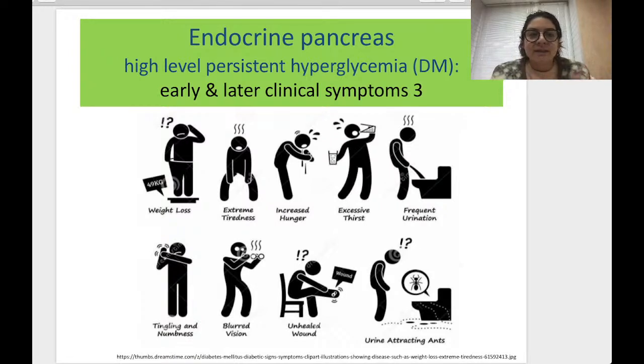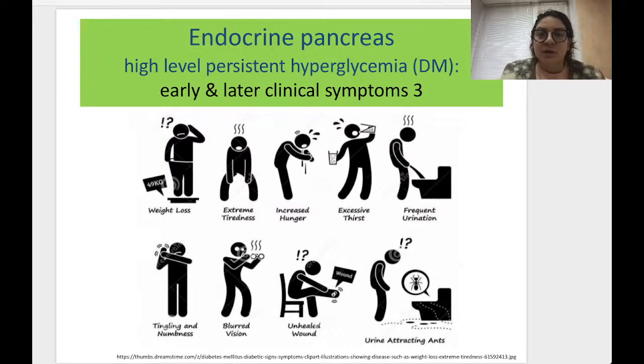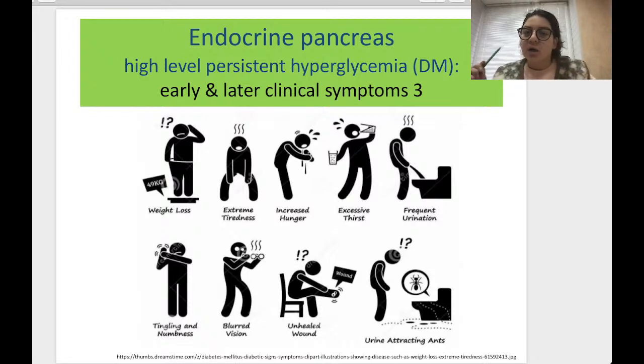One more time, schematically I show you symptoms of persistent hyperglycemia for better remembering. Okay, what can we see in the picture? It is weight loss, typical for type 1 diabetes, but for type 2 it will be the opposite, weight gain.